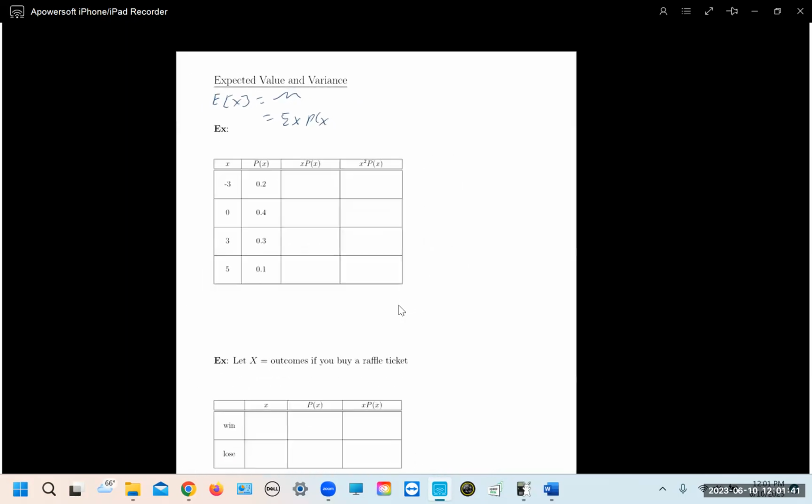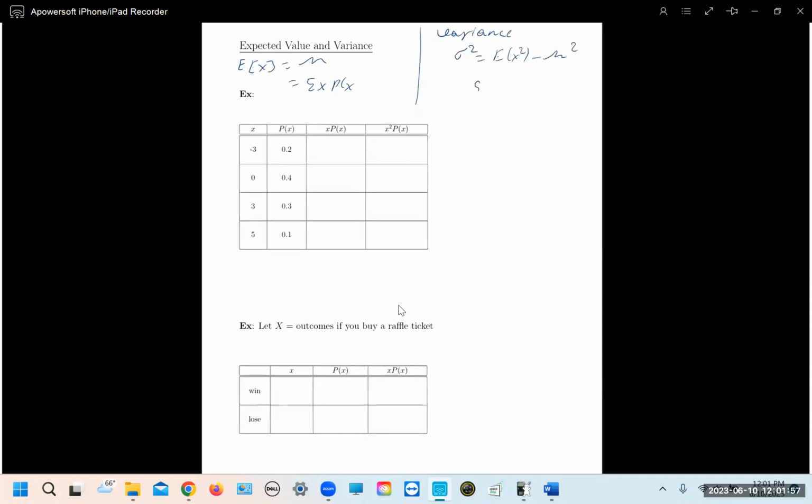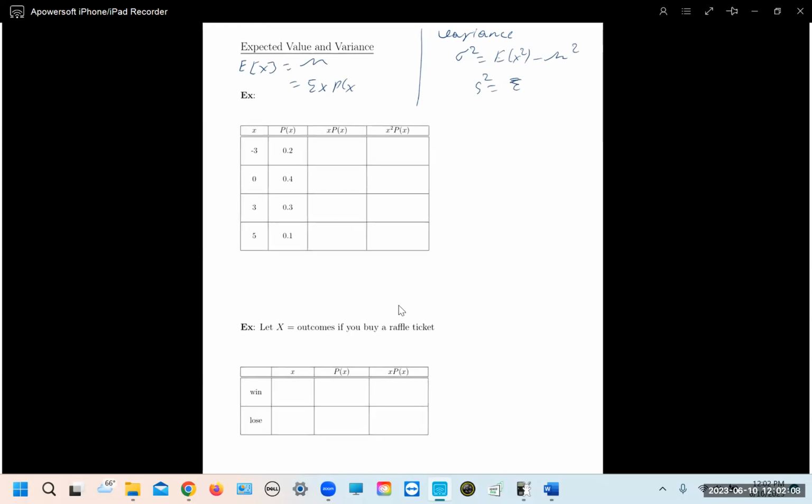For the variance, sigma squared equals E of x squared minus mu squared, or we can get the sample standard deviation s squared equals the sum of x squared minus the square of the sum of x over n, all over n minus 1.